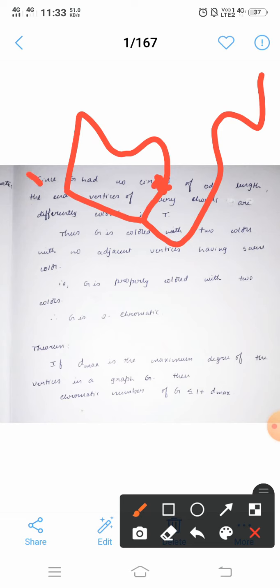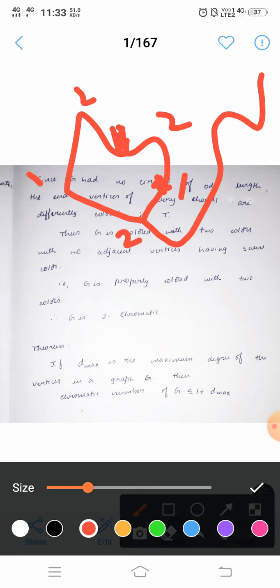If I color this 1, 3, 1, 2, 1, 2. See, this is a chord I am adding. Since this is a chord of an even length circuit, the adjacent vertices have different colors. If I add the chord to the spanning tree, the adjacent vertices have different colors since it is an even length circuit.